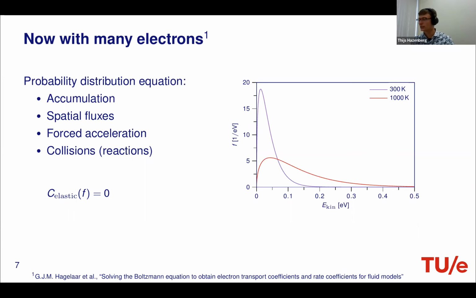And what you see is that the energy, given in electron volts, is relatively low, even at 1000 Kelvin. And when you increase the gas temperature, you start creating more high energy particles.